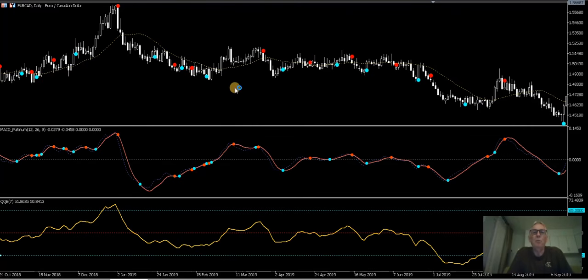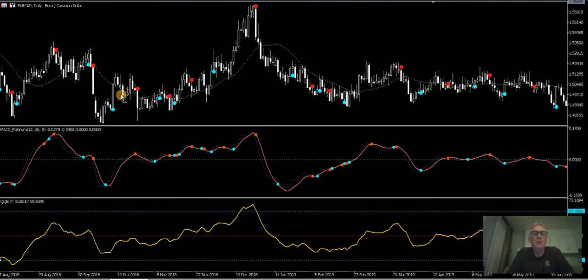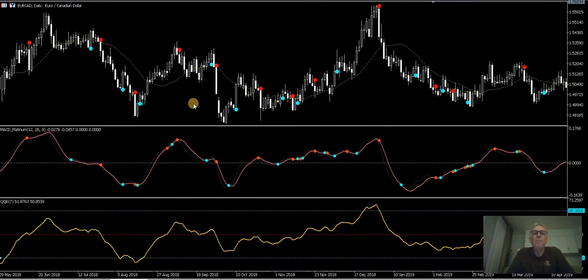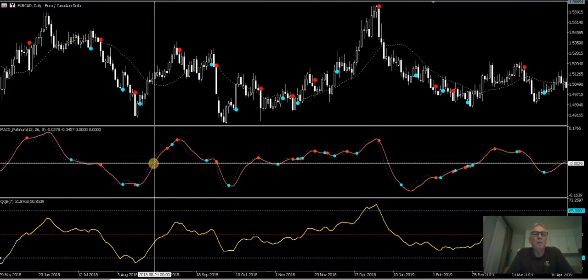So let's have a look at the rules. Pretty straightforward. There's a couple of variations and I'll go through them just to show you the differences. So basically the easiest way to look at it, we'll just go back here a bit. I'll bring up my crosshairs.